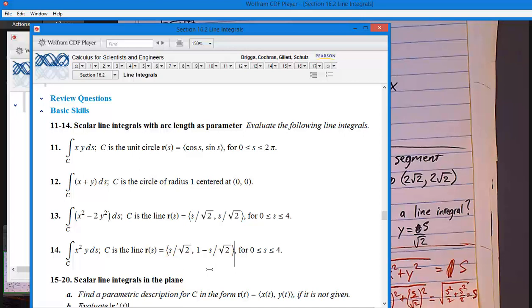They say 1 minus s over square root of 2 for the y values. Why? Oh, because they're doing a different problem. Looks like I was doing 13. I did a hybrid. Darn it. I did a hybrid version of the problem. Well, let's do mine anyways, right?